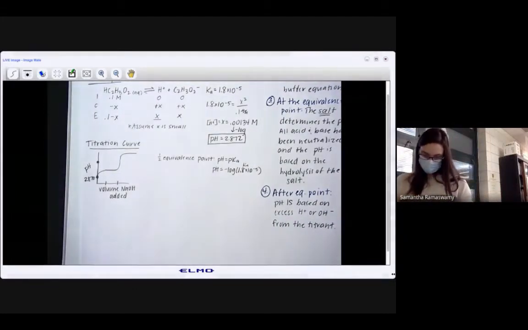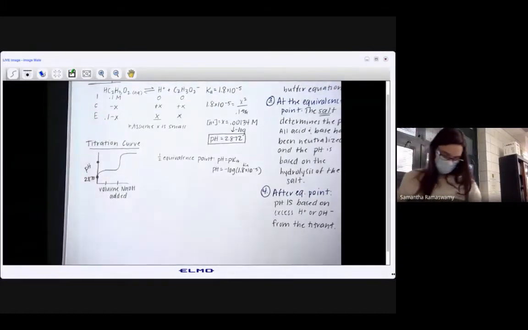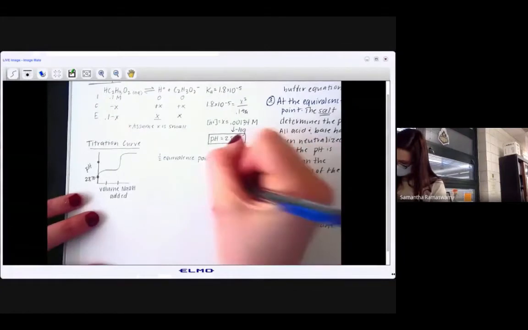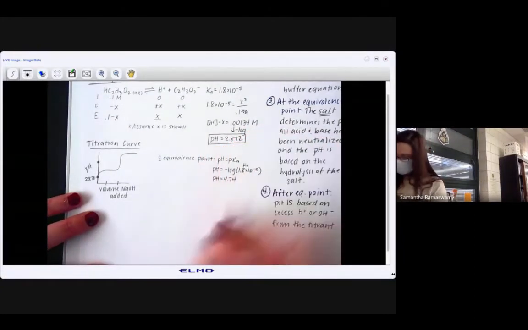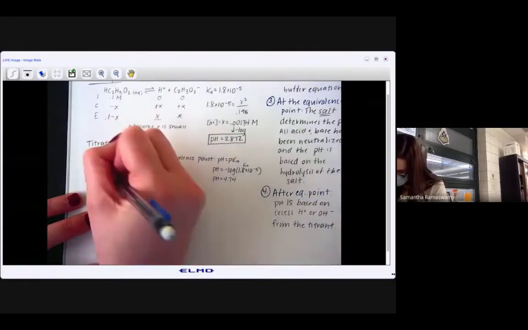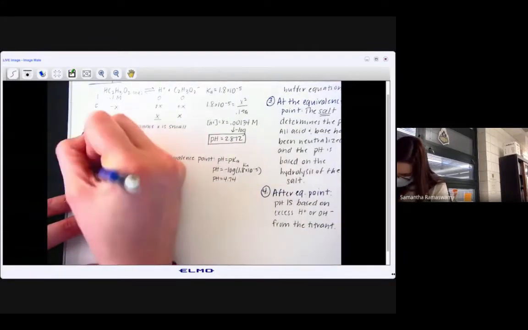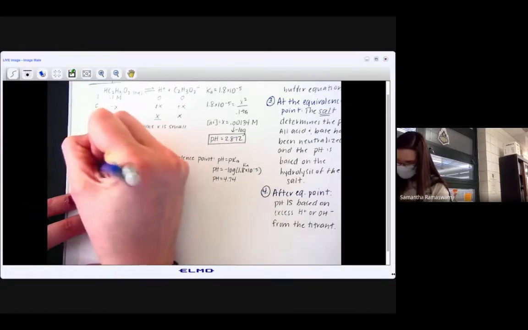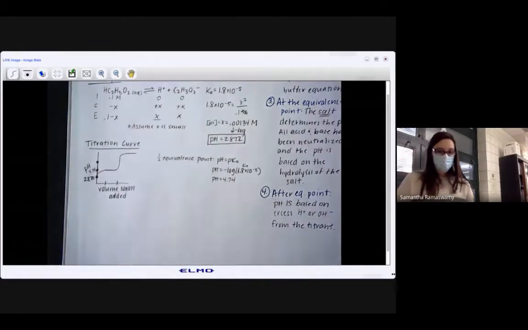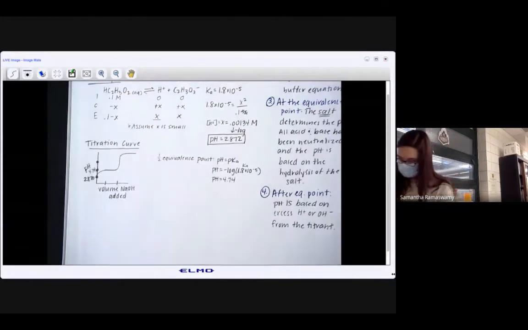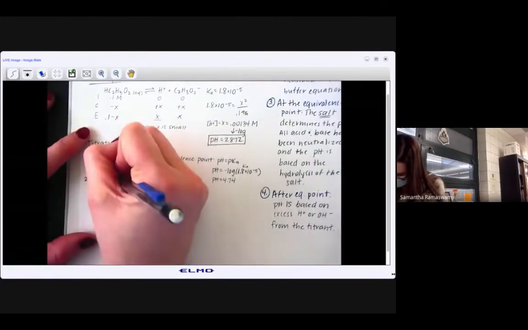Negative log of 1.8 e negative 5 is 4.74. So at the half equivalence point, right here, the pH is 4.74. I'll kind of follow it up here just to make it.